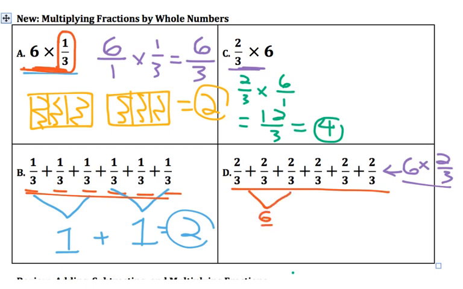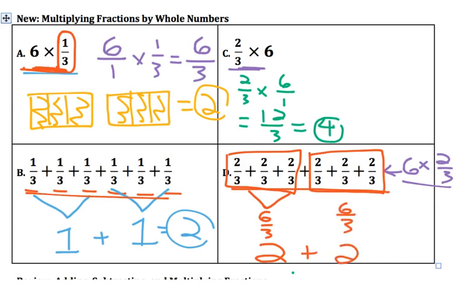So that's 6/3, which is the same as 2 wholes. And then another 2/3, 2/3, and 2/3 would make 6/3 again, which is another 2 wholes, which in total would give us this same answer of 4. So this would be a more conceptual way to think about this.